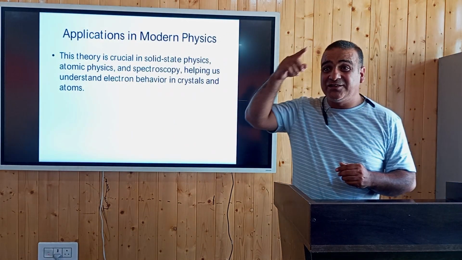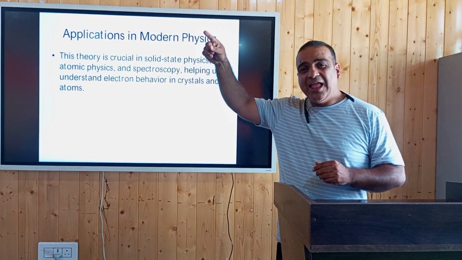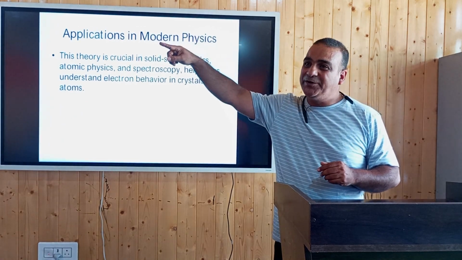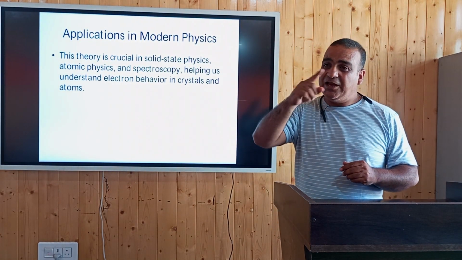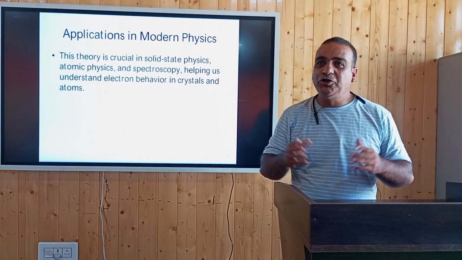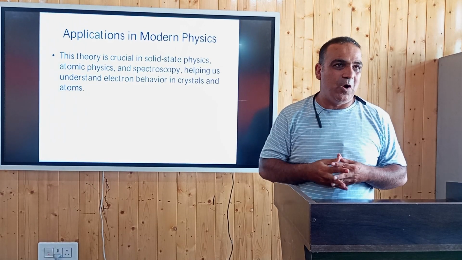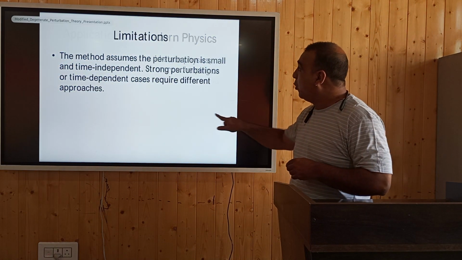You remember the crystals having periodicity, the periodic potential, and the electron propagating in that periodic potential. When we solve the problem of an electron moving in a periodic potential, we arrive at the band theory of solids, what's called the Kronig-Penney model, right? So there it also plays an important role.